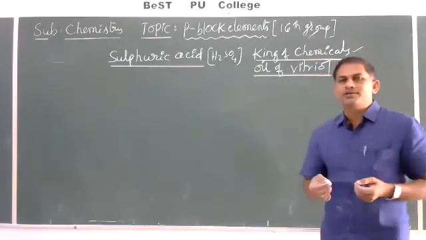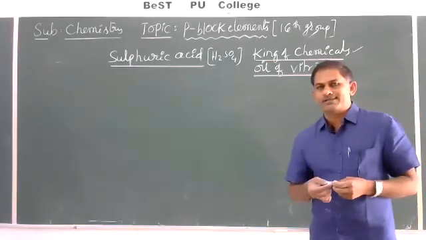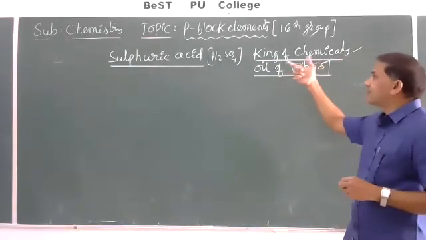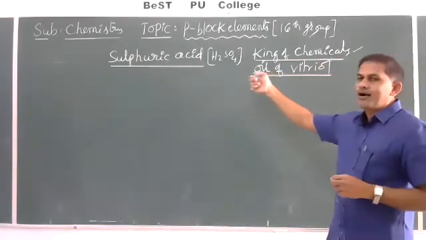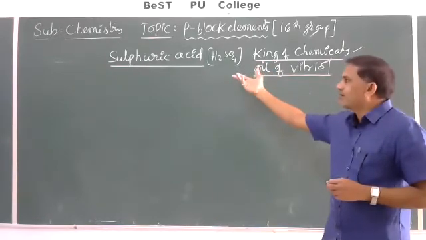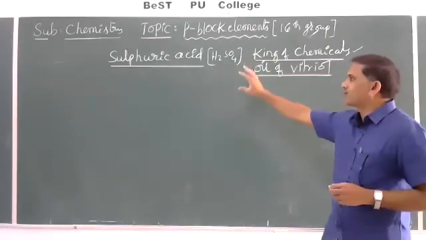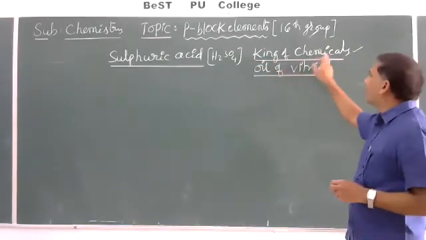Wide variety of applications are there for sulfuric acid. Due to the wide uses of this sulfuric acid in different ways, either in a chemical industry or in any other chemical process, industrially or in the laboratory, this is called a king of chemicals.